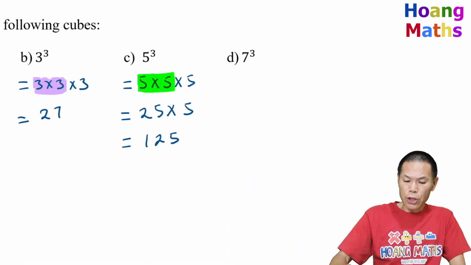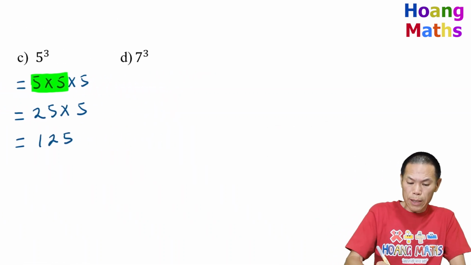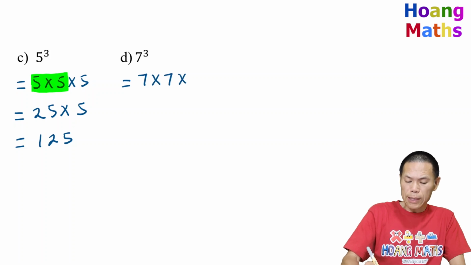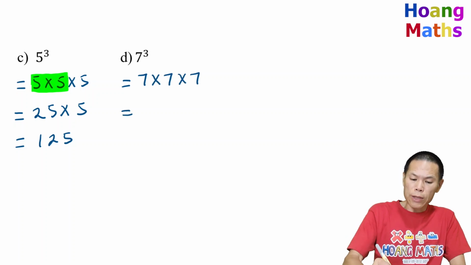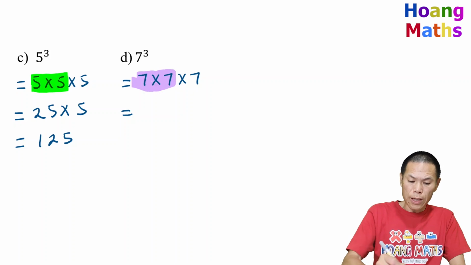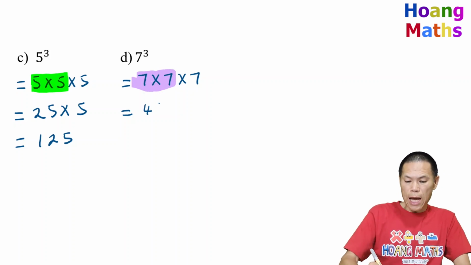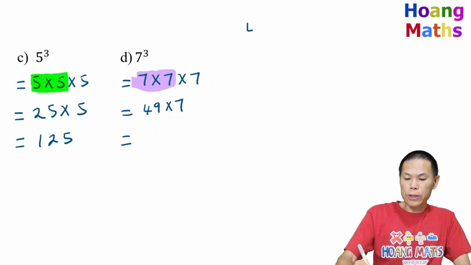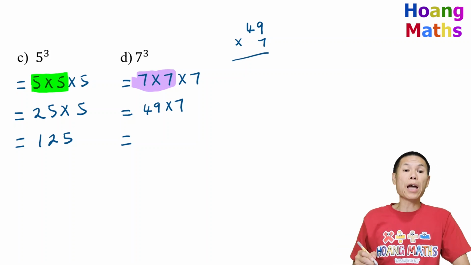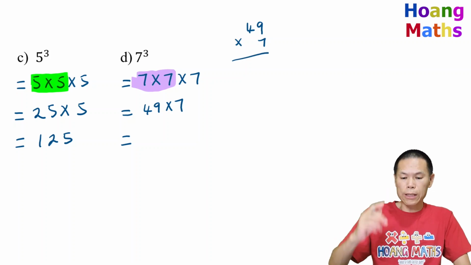Then 7 cubed. So 7 cubed is equal to 7 times 7 times 7. And we know that 7 times 7 is 49. So that is 49 we times 7. So 49 times 7, 7 times 9, that will give me 63.